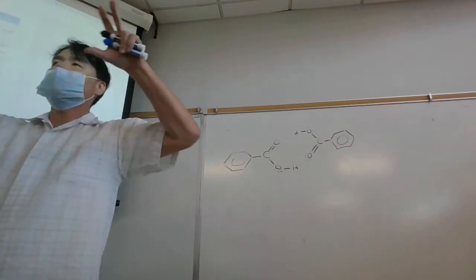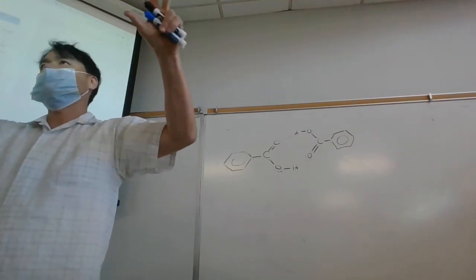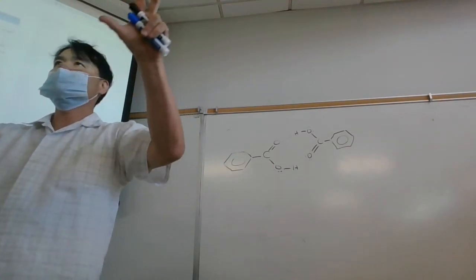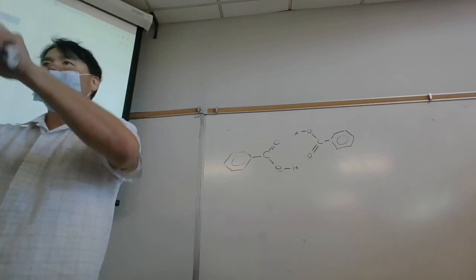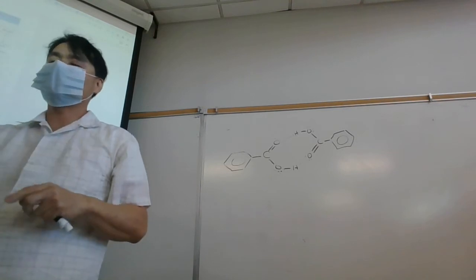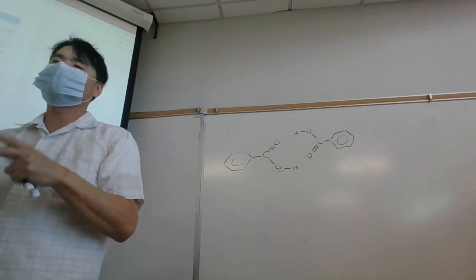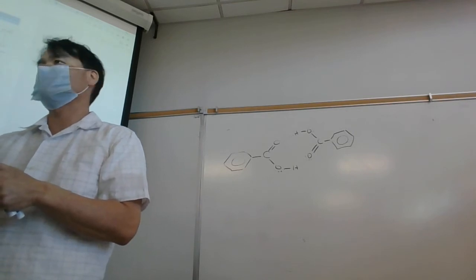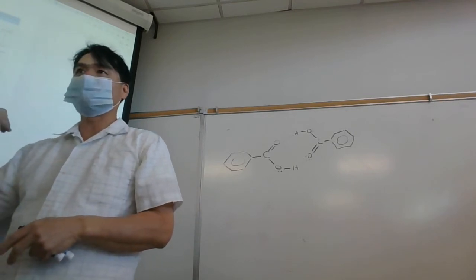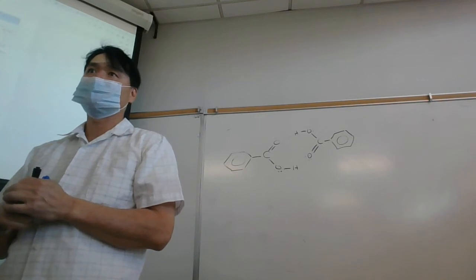Because originally I might have 1 mole of benzoic acid molecules, but if they pair up like this, and those pairs are very strong, then I effectively cut down the particle concentration in the solution by half, which means its colligative properties are going to be way, way off from what you expect.